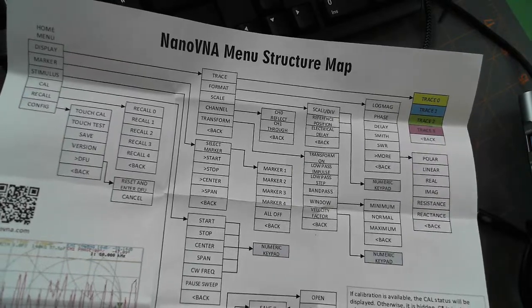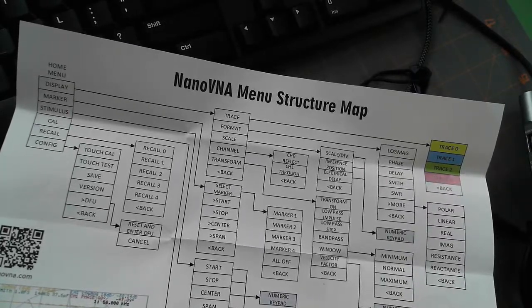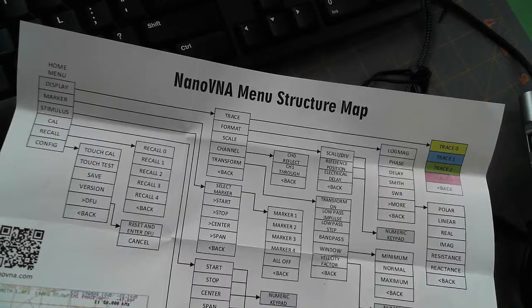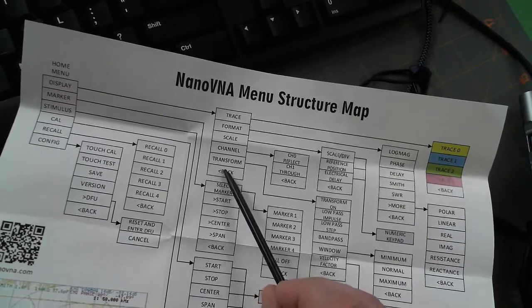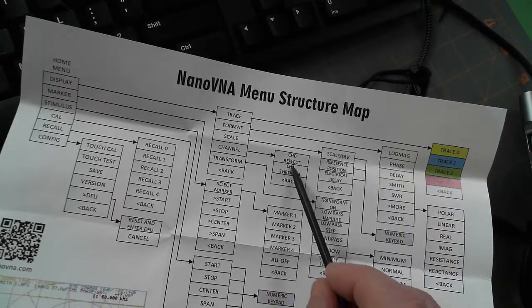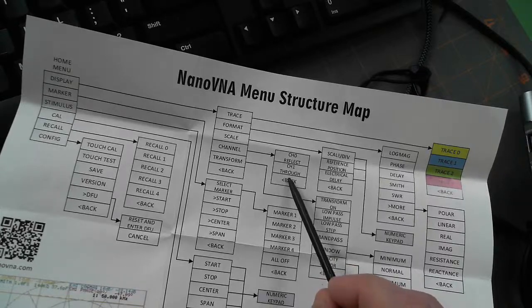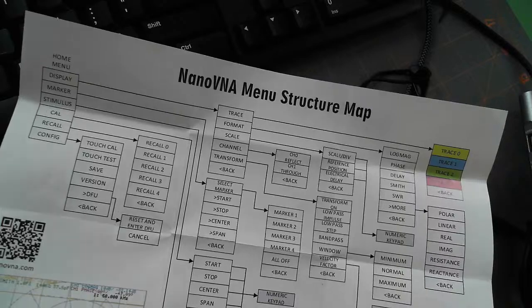And if you really don't know what everything means, then we don't know what we're measuring. For instance, I'm not sure what transform does. You know, and then you've got the through, and you've got reflect, and you got delay, you've got all kinds of stuff.